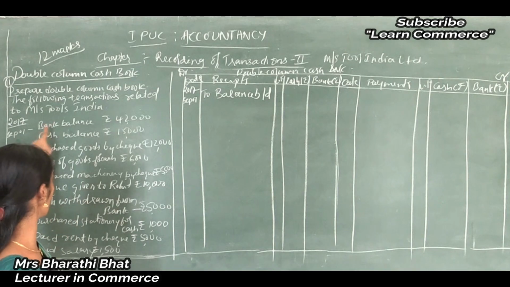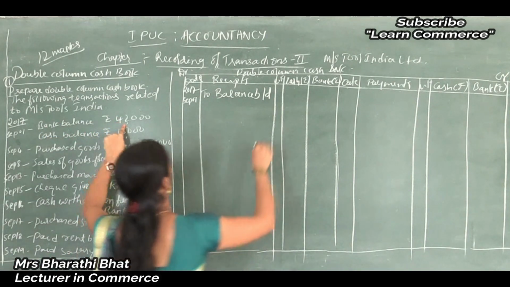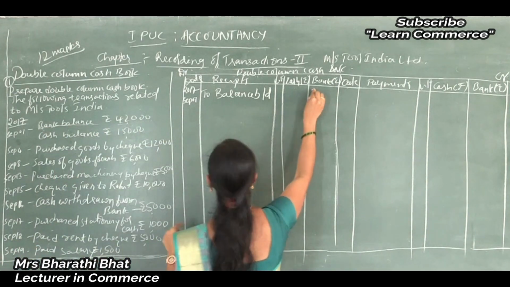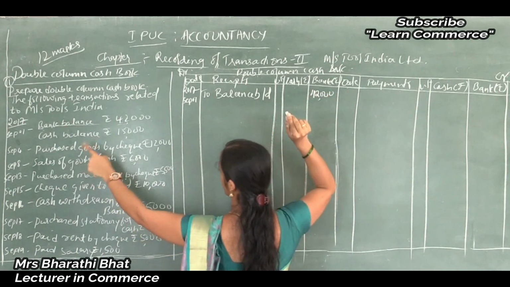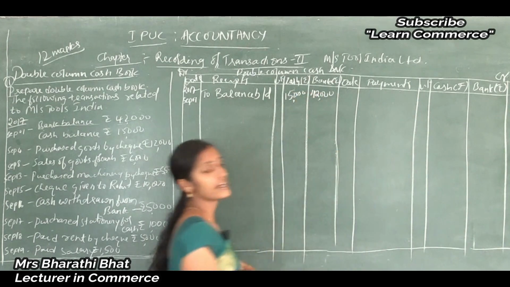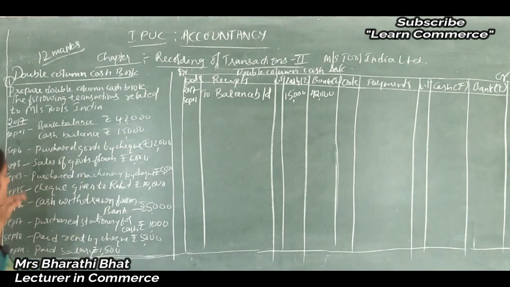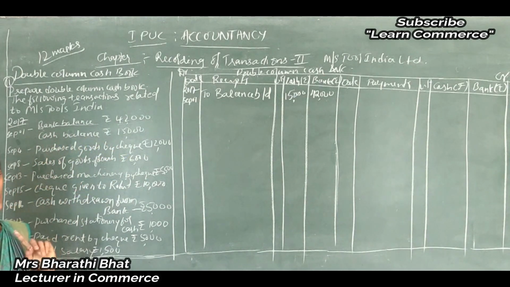On the same date, September 1, the bank balance is 42,000 under the bank column, and the cash balance is 15,000 under the cash column. The organization has an opening bank balance of 42,000 and cash balance of 15,000.